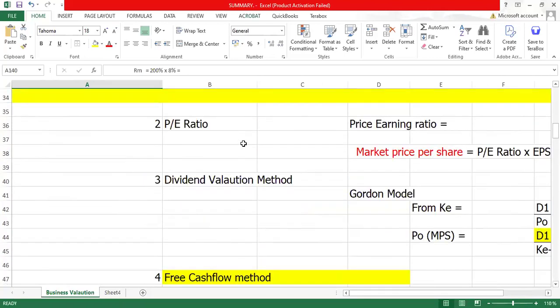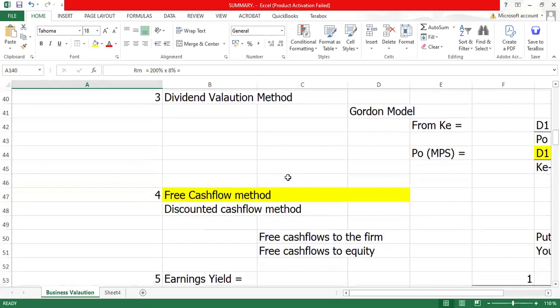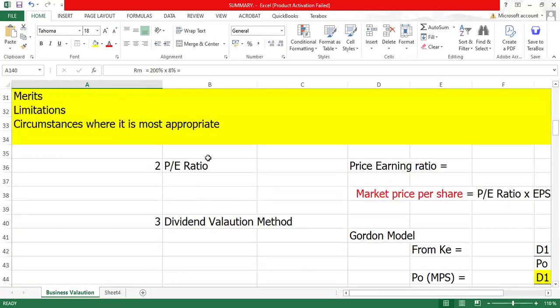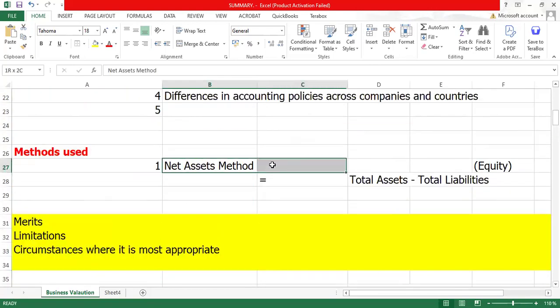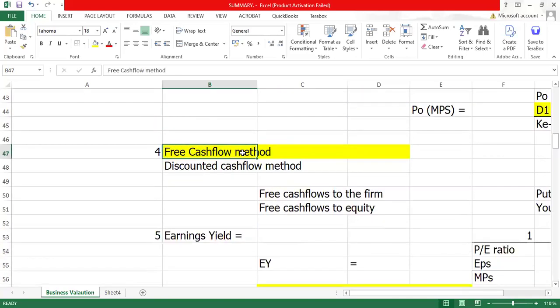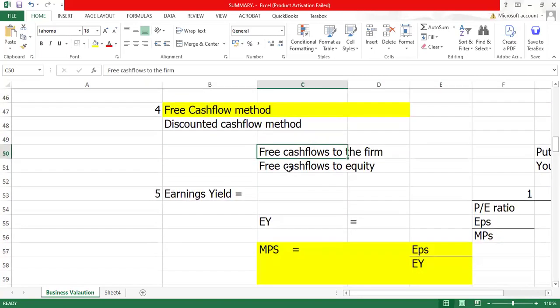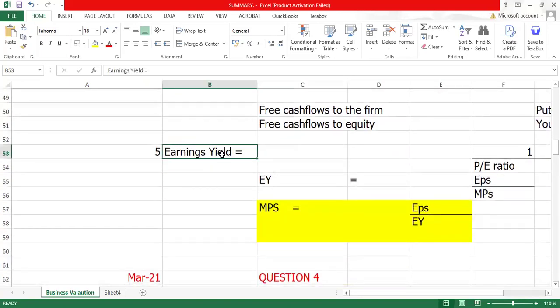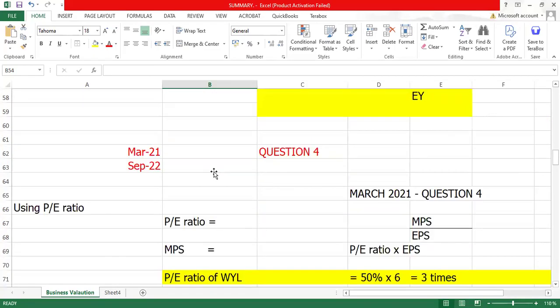Remember, yesterday started with all this. We talked about PE, and the net asset method. Today we have looked at dividend valuation. We looked at free cash flow, that is free cash flow to the firm and free cash flow to equity. We looked at the earnings yield.